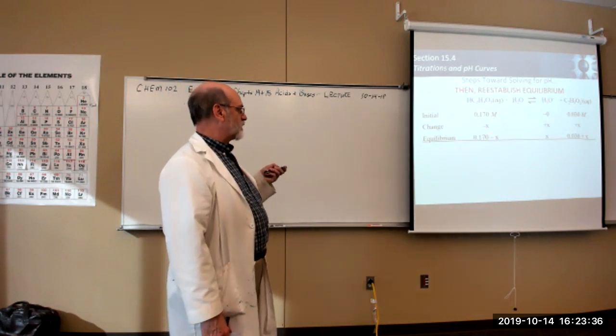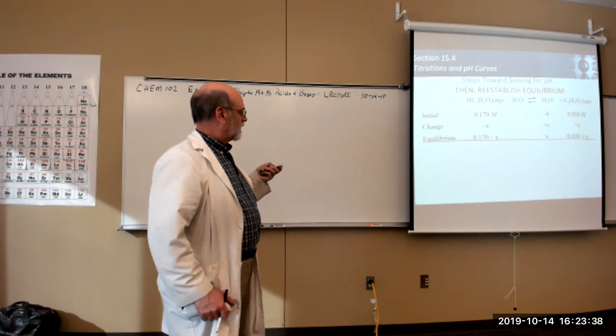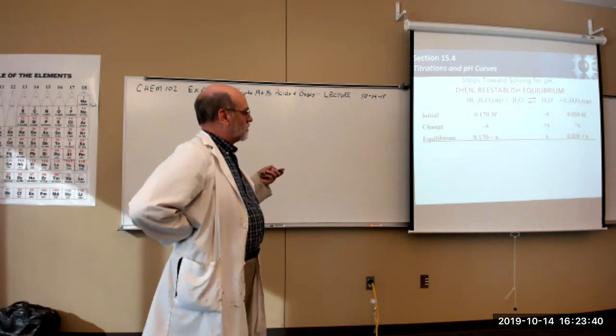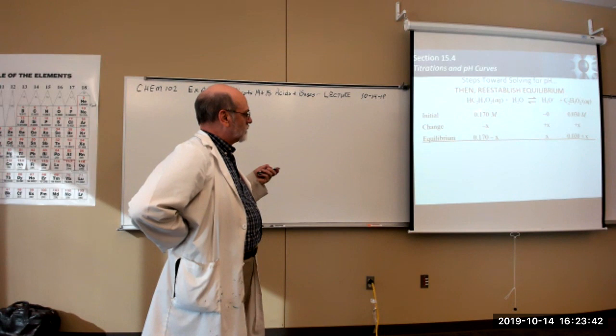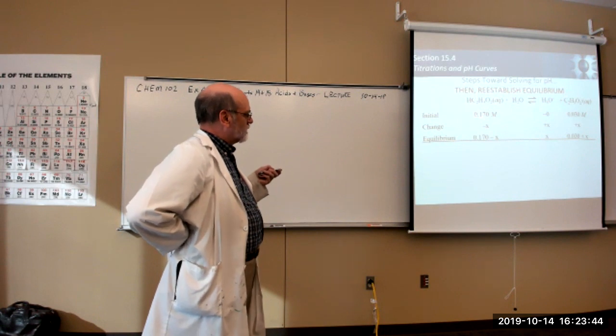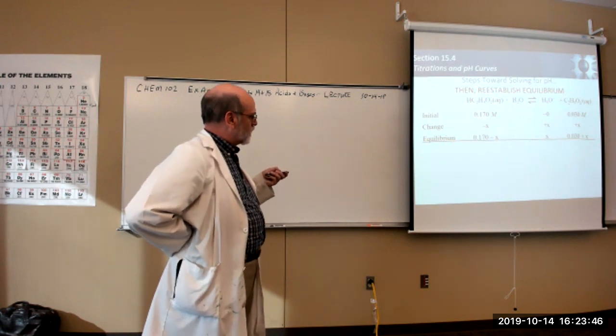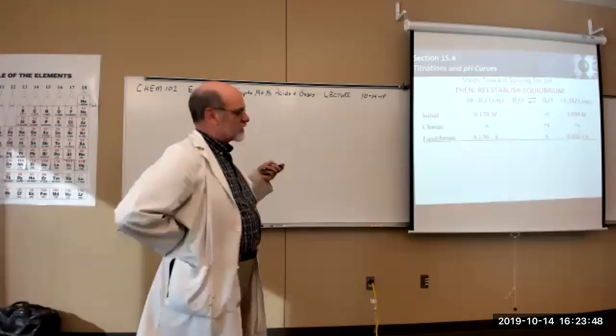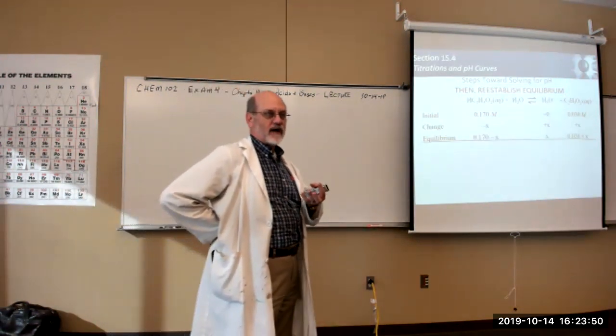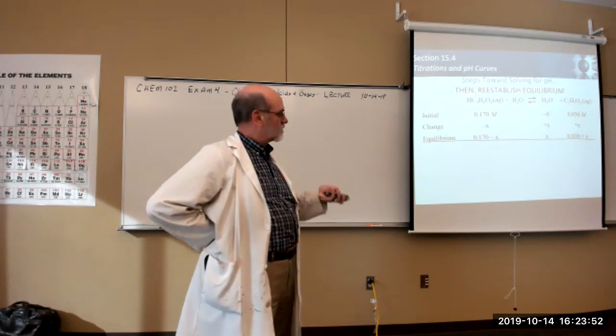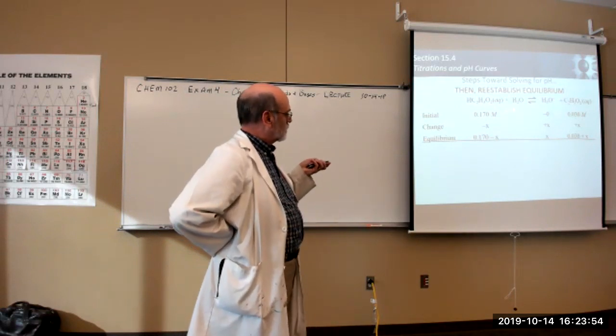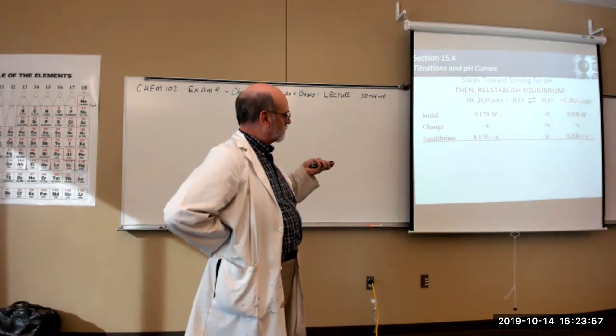Well, we can use an ice table too, right? And now that we know what our species are, then we can go back to the acid and find out what the equilibrium situation is. So here's the original Henderson-Hasselbalch origin equation, where we have this one yields that one and that one.